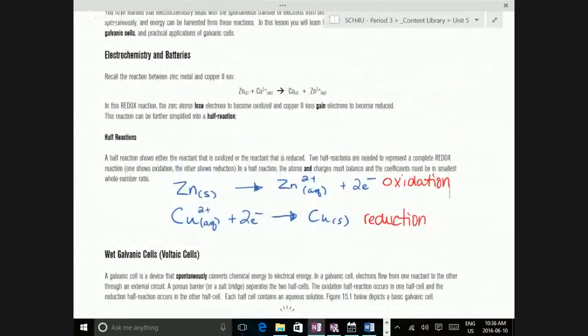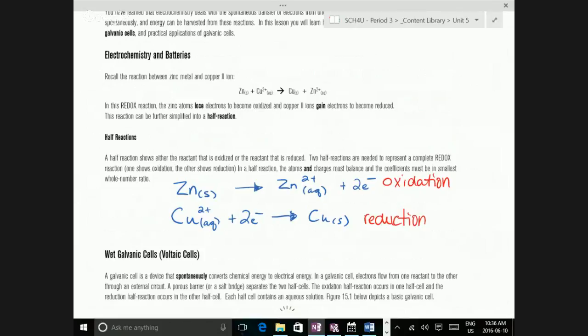I know you could just look at the diagram, but let's talk our way through this. The challenge with a battery, and a battery just means a bunch of cells put into one container, but the problem with a voltaic cell of trying to take a chemical reaction like this and harness the energy, is that if I just put solid zinc with copper ions, and I could use, say, copper sulfate, CuSO4, that would give me Cu2+ ions.